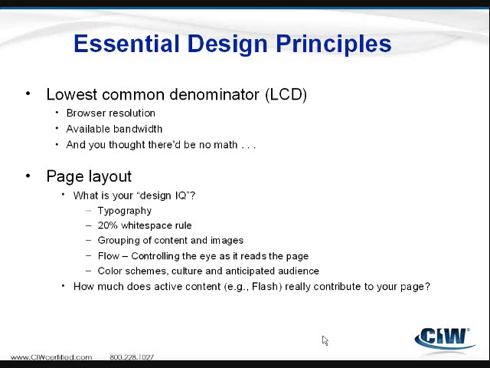But now it's a matter of not so much what they are using for connection, but how much information we are shoving down the pipe? Because now we have the ability to download whole movies via the Internet or large multimedia files, large Flash animations, and these do take up traffic. So if we're in an office environment or a campus environment, we have peak Internet usage times during the day.